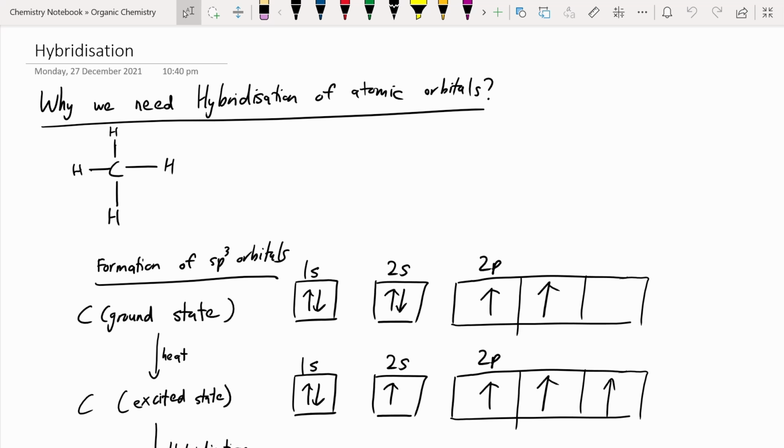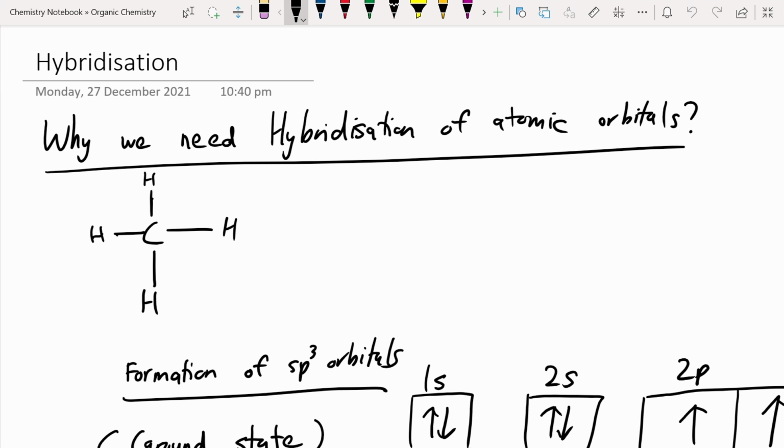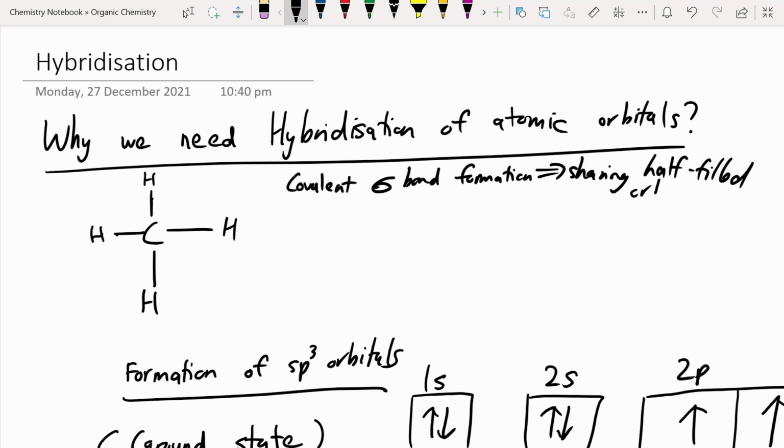We all know that covalent sigma bond formation involves sharing half-filled orbitals. So one atom shares one electron of one orbital, and another atom shares one electron of an orbital, and that will give you a sigma bond.